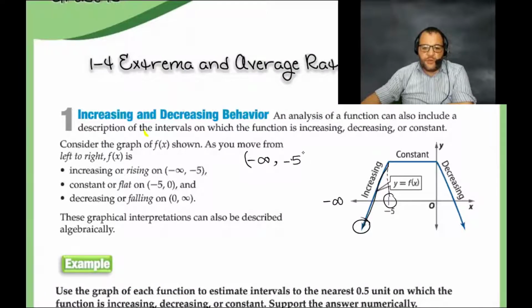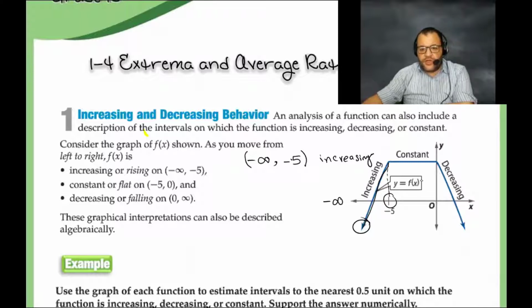Negative infinity is open, and if you find any critical point, a point that changes the graph from increasing to decreasing or to constant, at this point the interval must be open. And we know that negative infinity is always open. So at this part, the function is increasing.